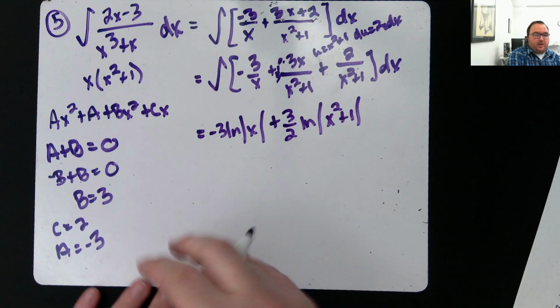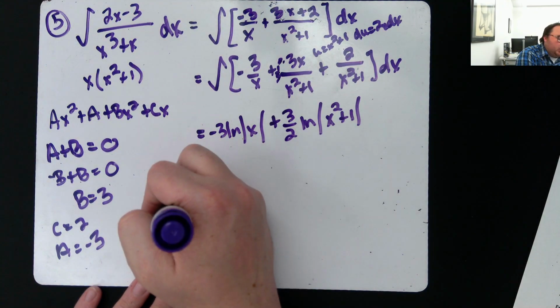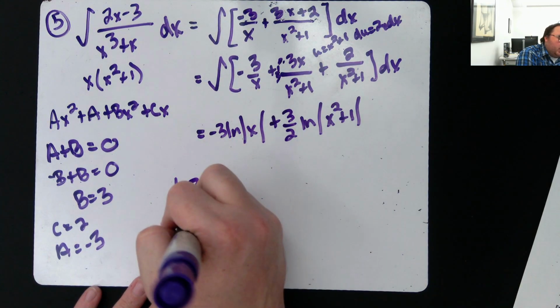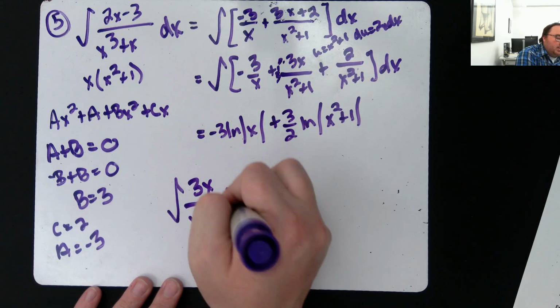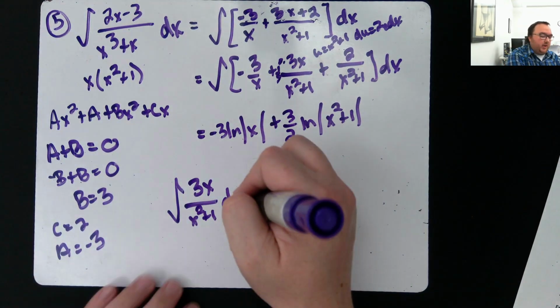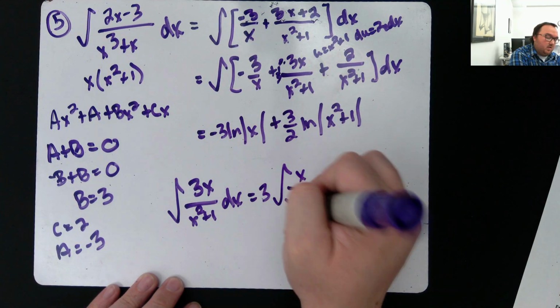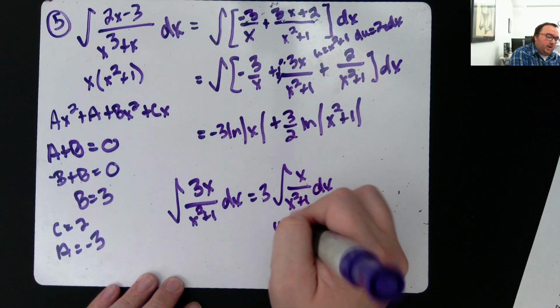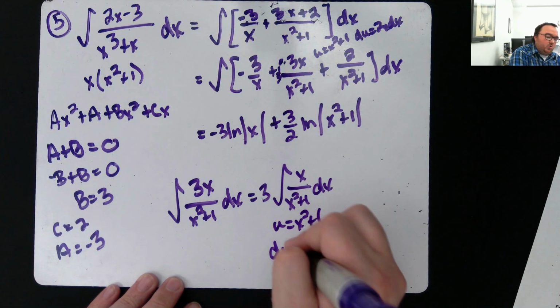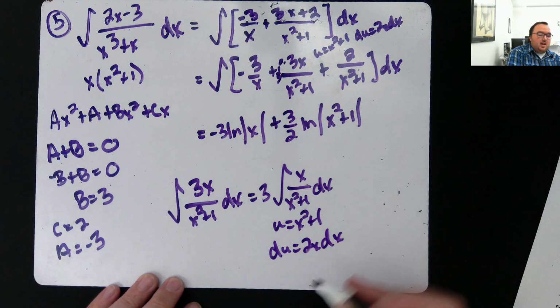Again, I'll rewrite that down here because I did that a little fast. If I was just doing the integral of 3x over x squared plus 1, I could bring out my 3 out front, right? So I would let u be equal to x squared plus 1. So du would be 2x dx. I need a 2.